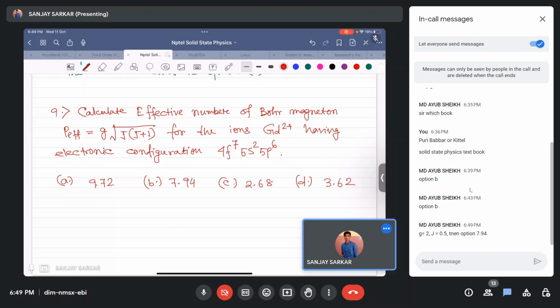Yes, so the electronic configuration is basically 4F7.